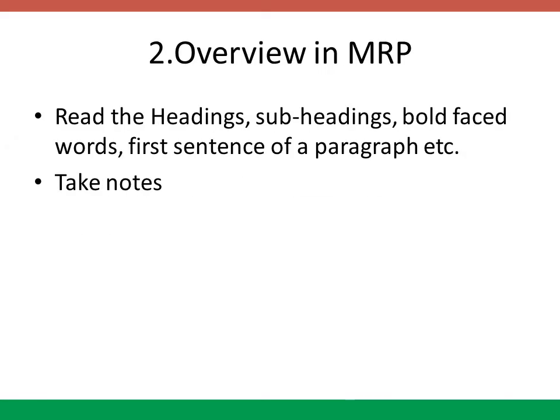And then we go on to our overview. Overviewing a technical material includes reading the headings, subheadings, bold-faced words, and the first sentence of a paragraph. Of course, I would recommend you read 2 or 3 sentences of each paragraph. Why? Because some people say they have got the material, but it has no headings, no subheadings, and no bold-faced words. What do I do? In those situations, it is recommended you read the first sentence of every paragraph.